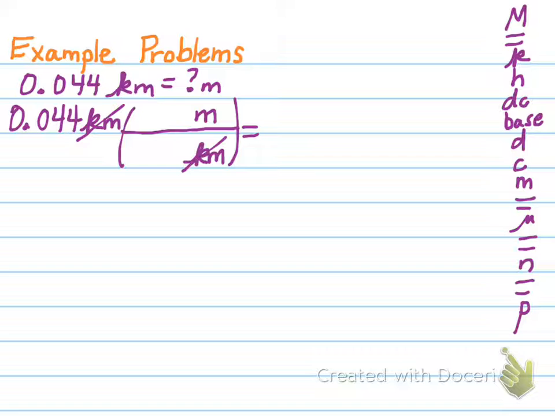So now I need my numbers, right? So remember the deal with this is I want to know which is larger, a kilometer or a meter. Kilometers here, meters my base, so kilometers bigger. Remember, whatever one is larger, I'm going to make it equal to 1, so I'm going to say it's 1 kilometer. Then, how do I figure out how many meters? Well, I start here and I count.